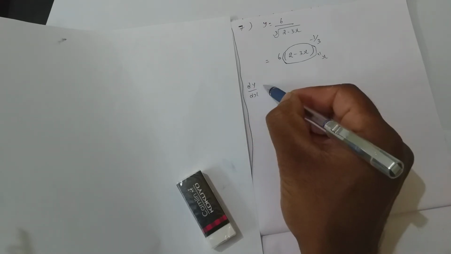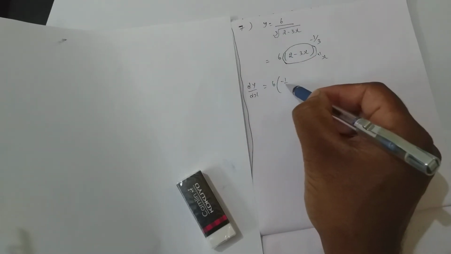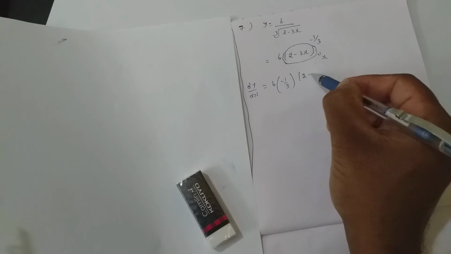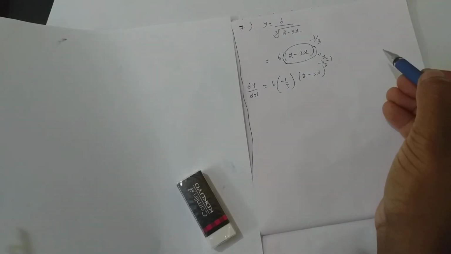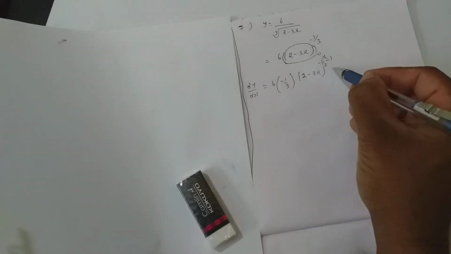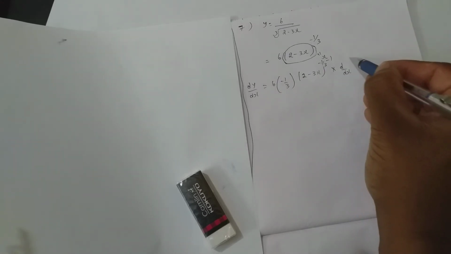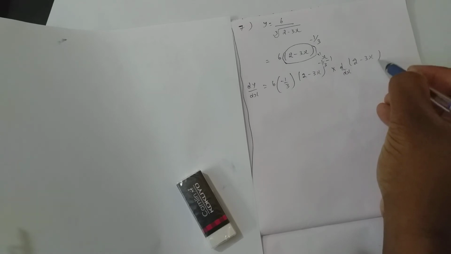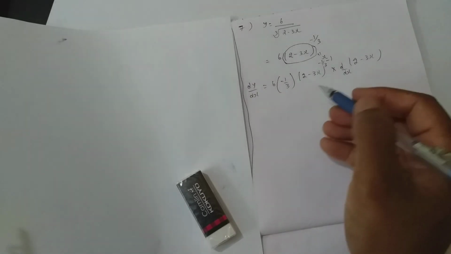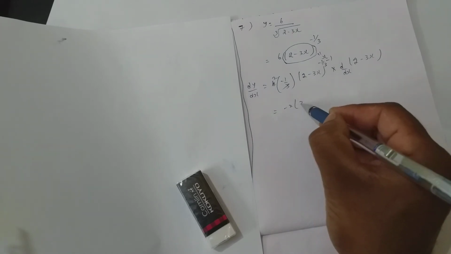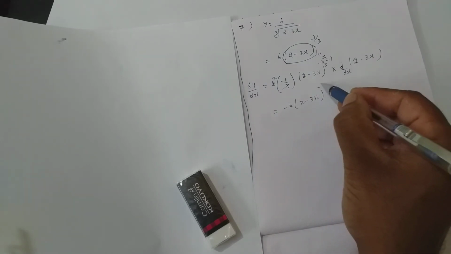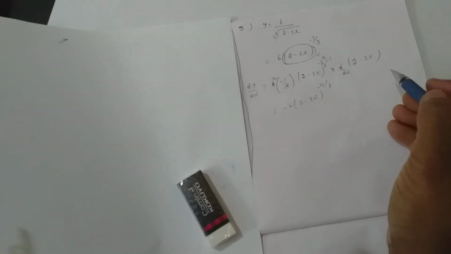So dy by dx equal to 6 into minus 1 by 3 into (2 minus 3x) power minus 1 by 3 minus 1. Clear? Into d by dx of internal, in place of x, whatever you have considered. Is the step clear? So it becomes minus 2 into (2 minus 3x) power minus 4 by 3 I get over here.